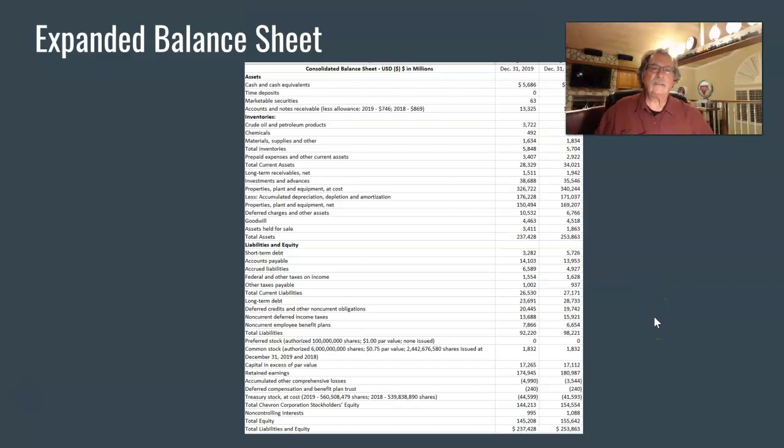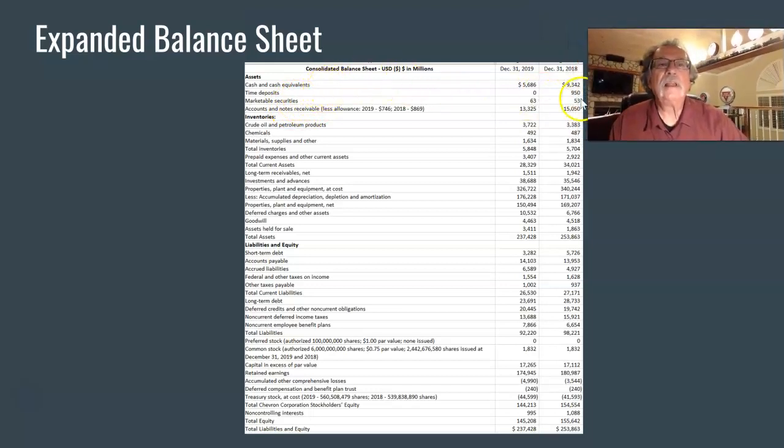You're going to have to download this and look at it, but this basically puts together the balance sheet for Chevron. So we have our cash, time deposits or money in the bank, marketable securities, or if they've bought a certificate of deposit. And they have accounts receivable.